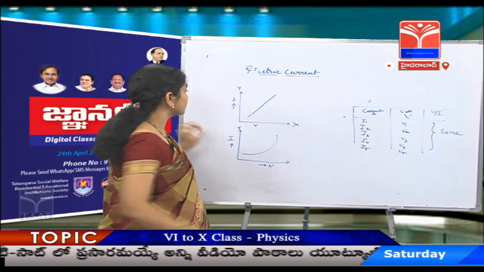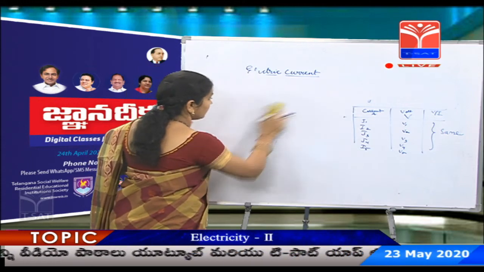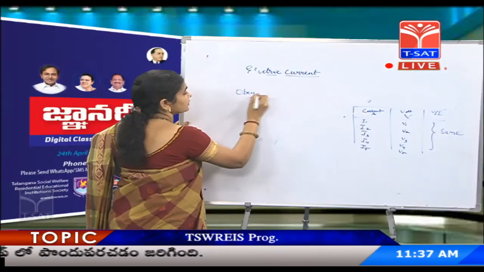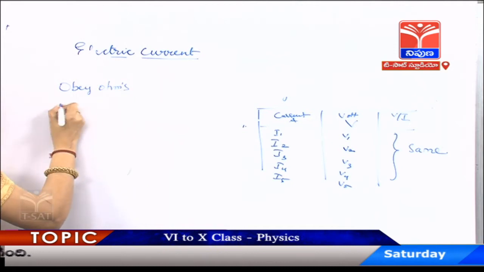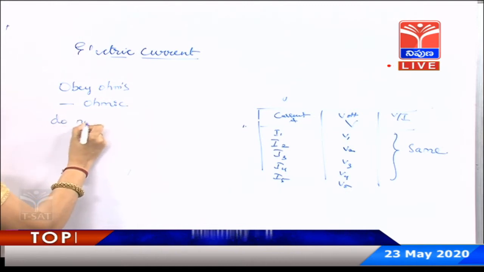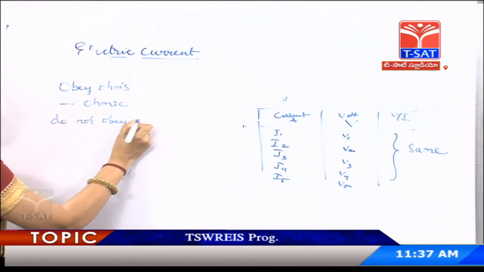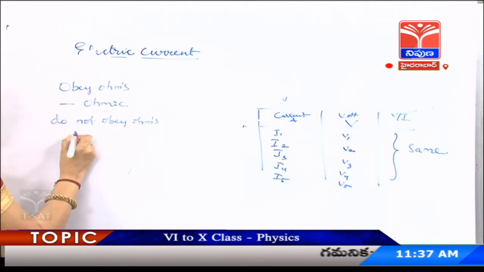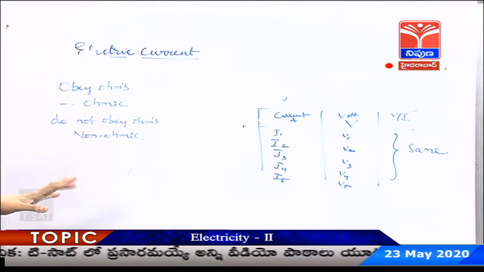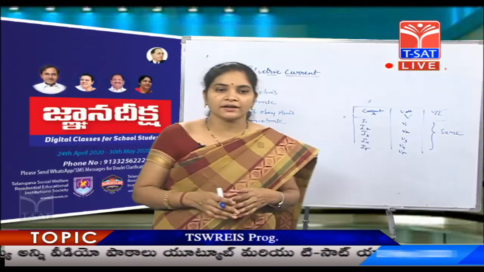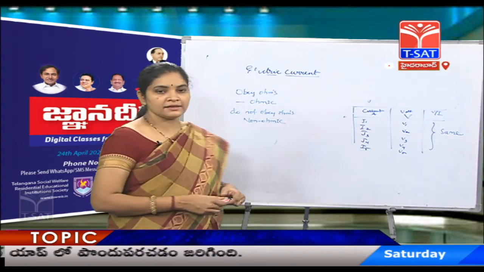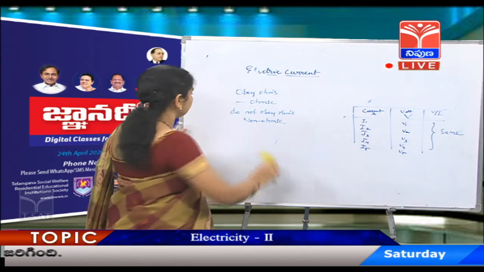The materials which obey Ohm's law are known as ohmic materials, whereas the materials which do not obey Ohm's law are known as non-ohmic materials. So based on Ohm's law, they are classified into two types: ohmic materials and non-ohmic materials.